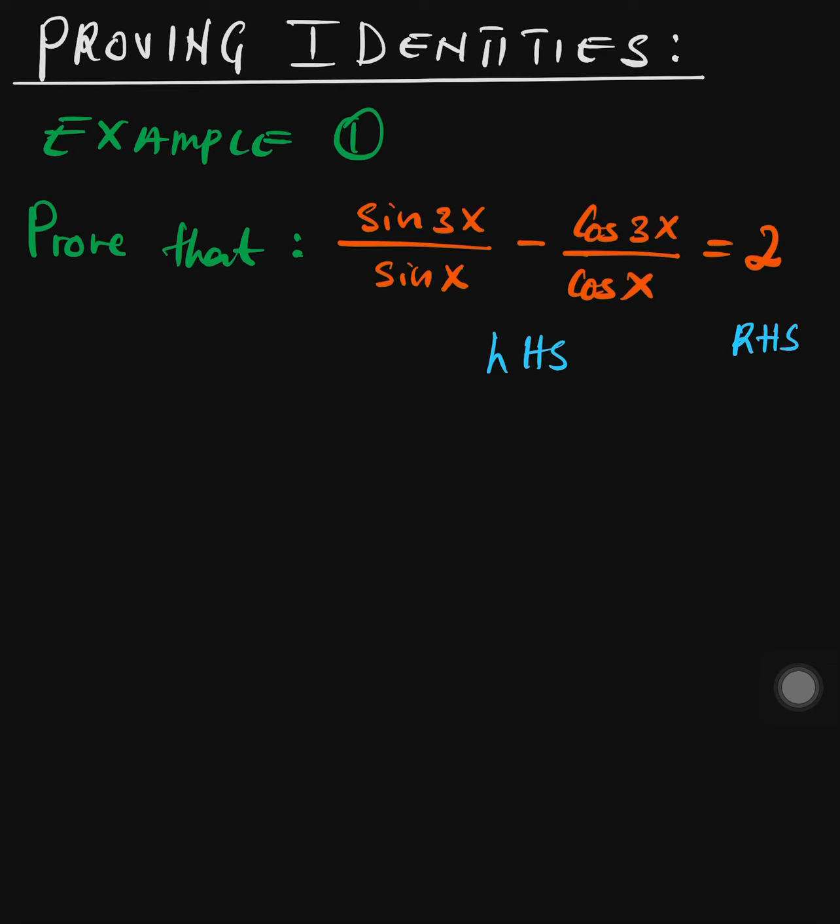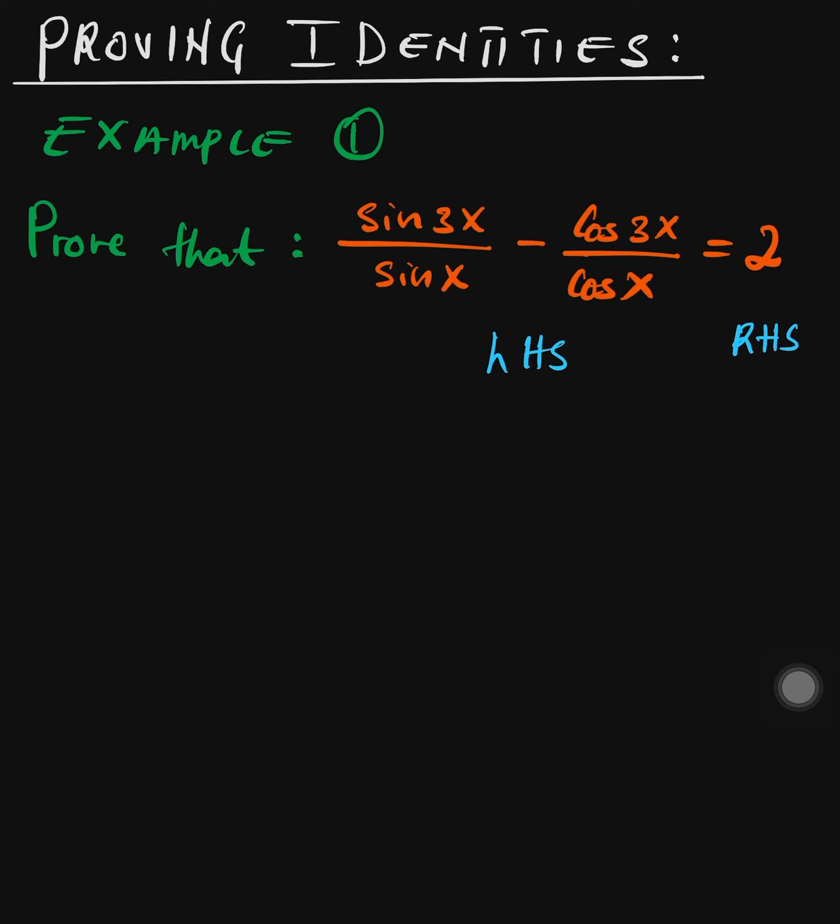You can't prove that 2 is equal to the whole of that side; it's highly impossible. So I want us to prove this identity from the left hand side and get that 2.